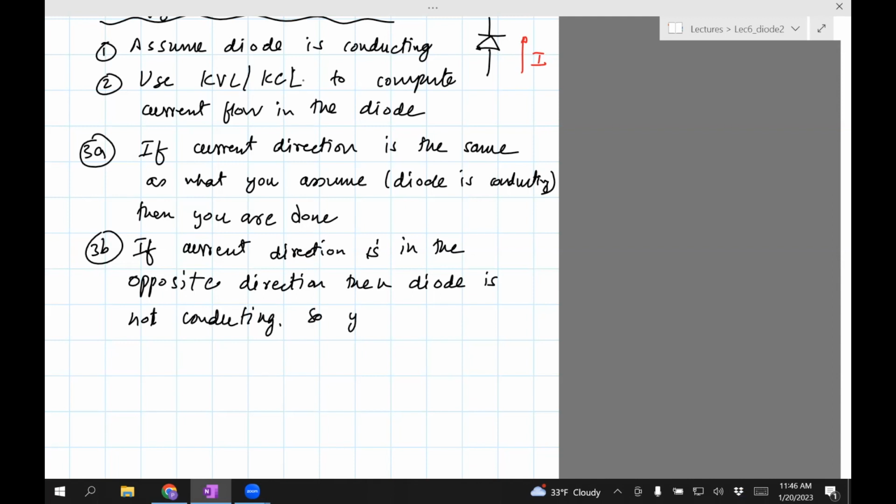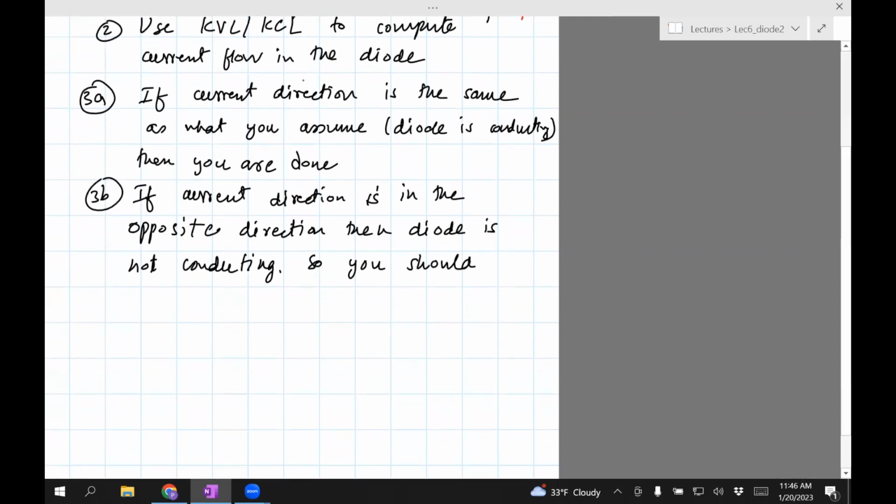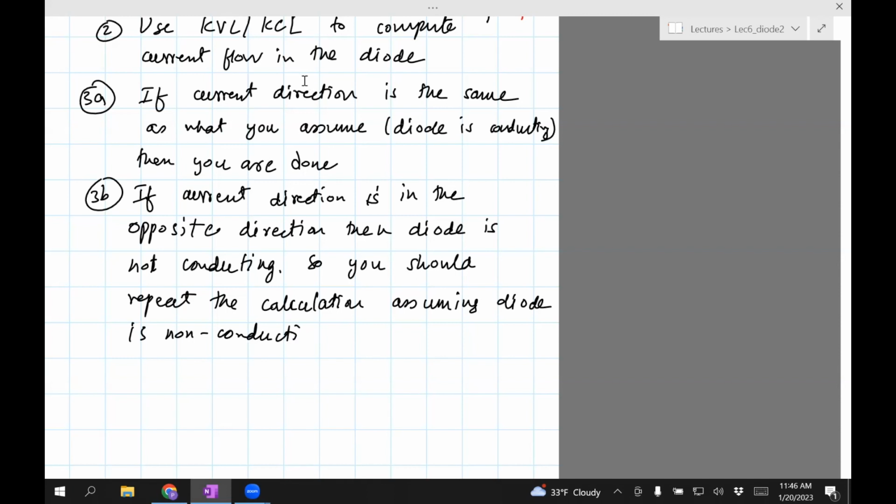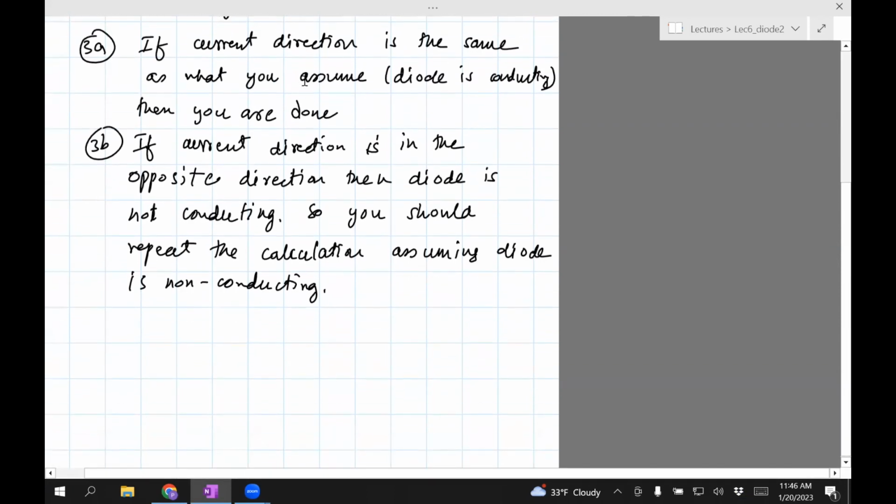So you should repeat the calculation assuming the diode is non-conducting. Okay, so let's see how to apply this on a problem.